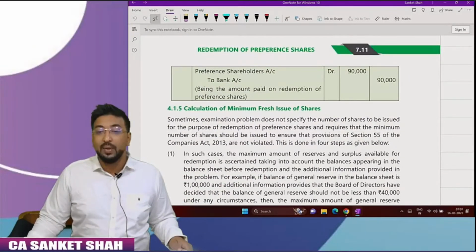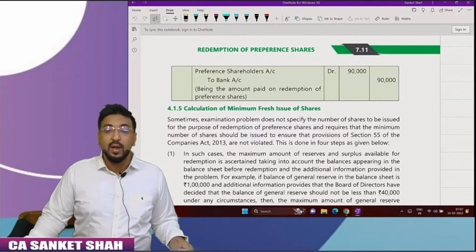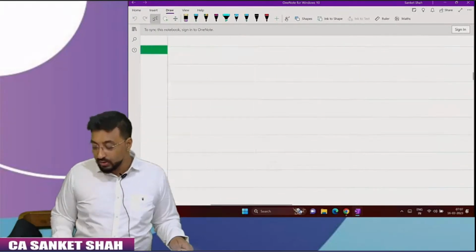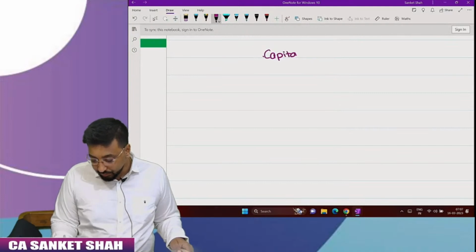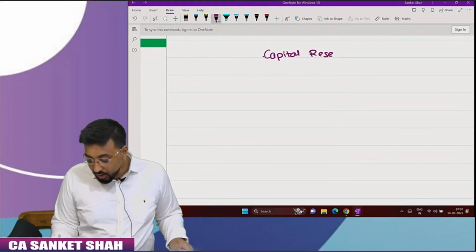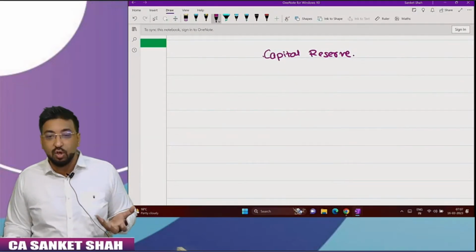So primary market में जो होगा, so many students, yes, I will tell you, there are many students who are asking me, second question, sir, what is about capital reserve? Sir, first thing, capital reserve, if it is collected in cash, okay, so first you have to think the nature of capital reserve.